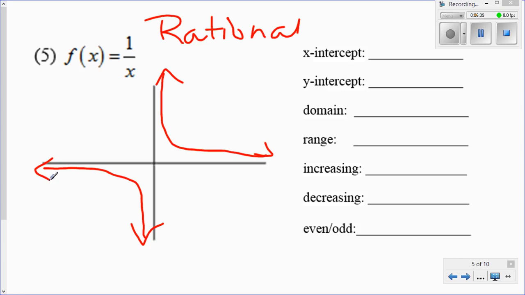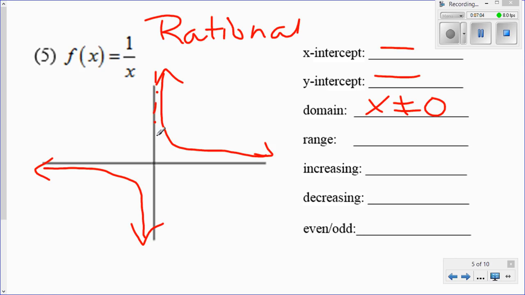Okay. Now, this one is kind of interesting because the graph actually does not touch or cross either axis. So there is no x-intercept, there is no y-intercept. And because of that, for the domain, we would say x cannot equal 0. Now, you could either look at the graph and notice that there's a break at 0.